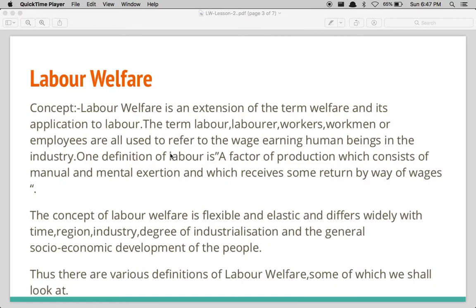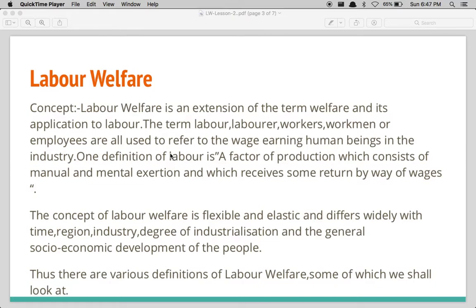In some societies or in some economies, an air conditioner may be a simple need or a necessity, whereas in some sections of society, it may be a luxury. Similarly, the term labor welfare is flexible depending on all these things like time, region, industry, degree of industrialization, and the general socio-economic development of the people.